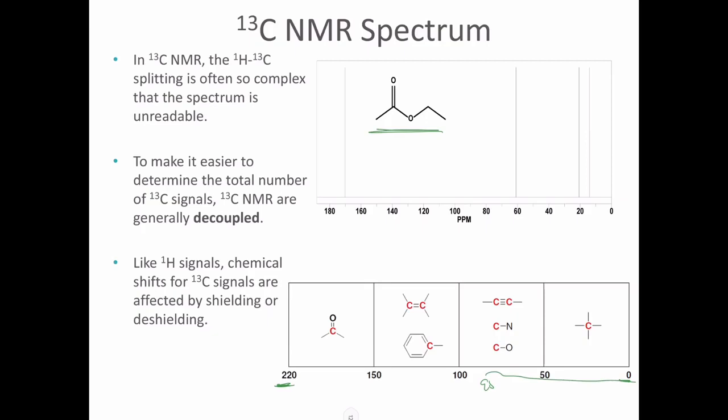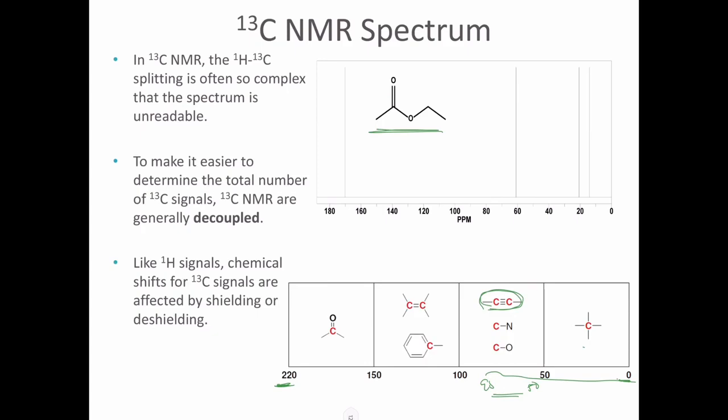If we have a triple bond, it is going to show up around 50 to 90. So all I want you to know is that the single bonds, the sigma bonds, are going to show up between 0 and 90, and also the sp hybridized carbons, that is the triple bonds, are also going to show up in that region.